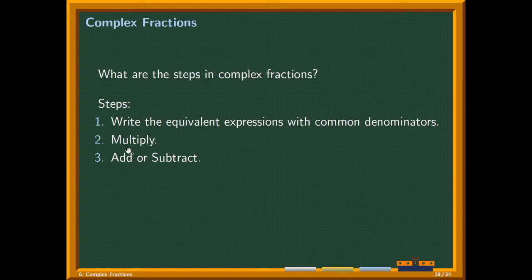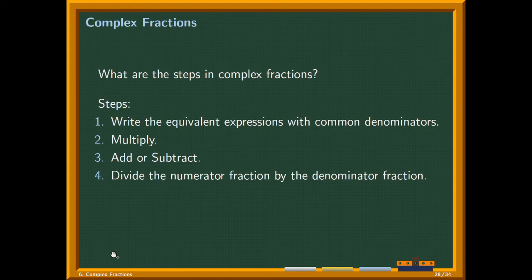Next, so after that, once we have the common denominators, the rational expressions become similar rational expressions, and thus we are now ready to add if it is an addition, or subtract if it is subtraction. Next, step 4, divide the numerator fraction by the denominator fraction.